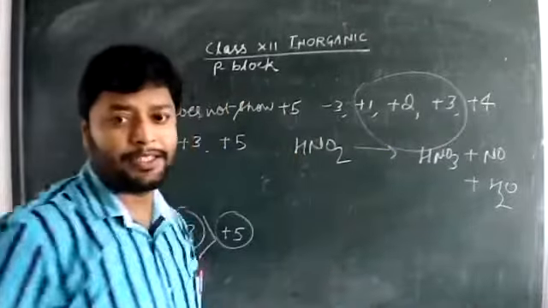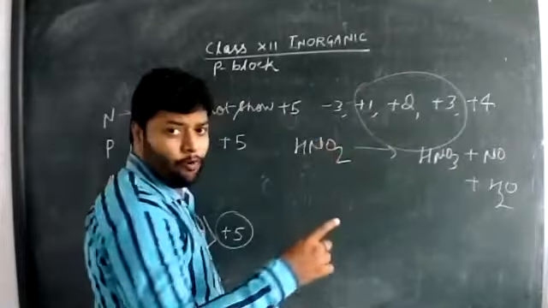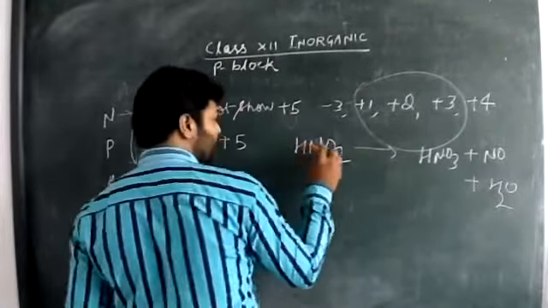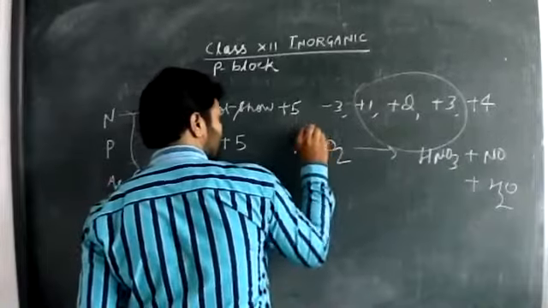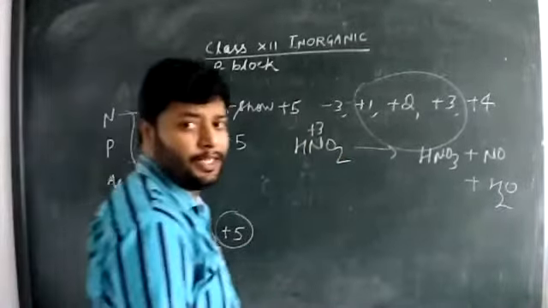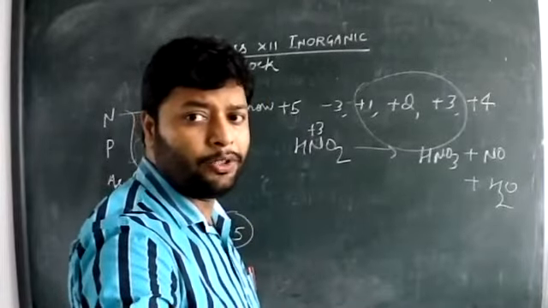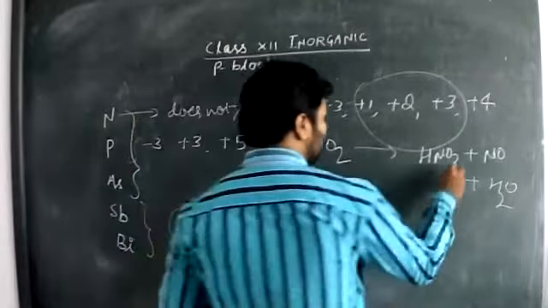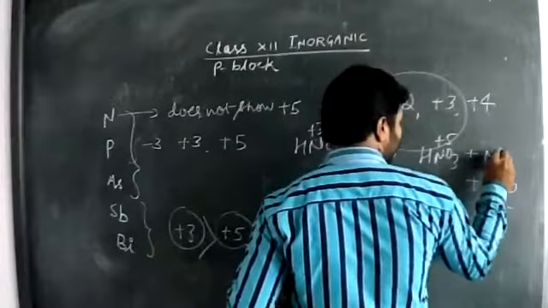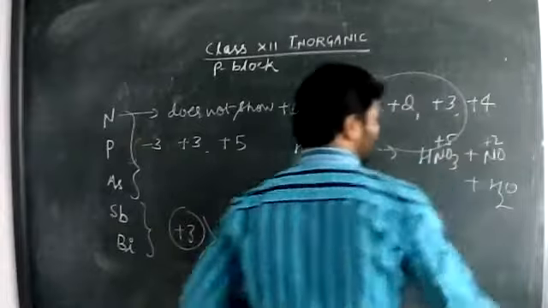You can balance the reaction. In nitrous acid the oxidation number is plus 3. In nitric acid it is plus 5. And in nitric oxide it is plus 2.